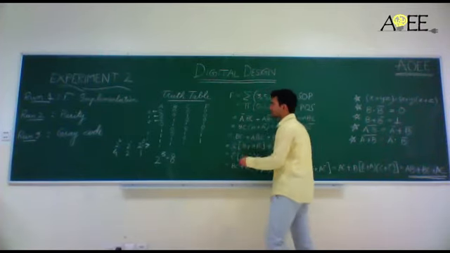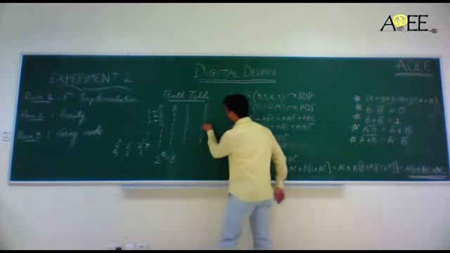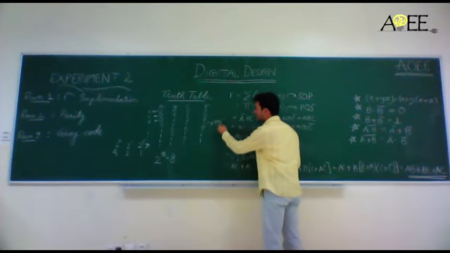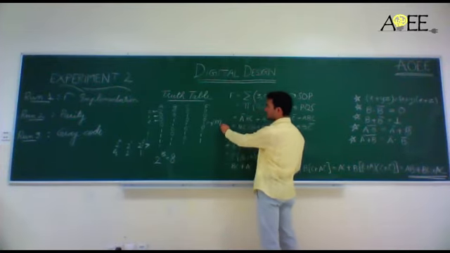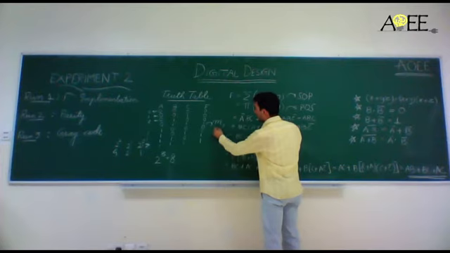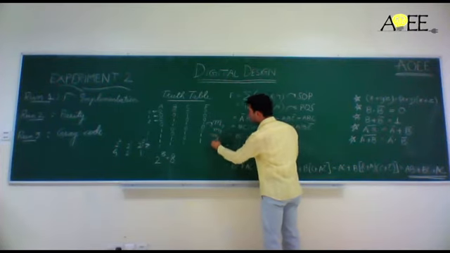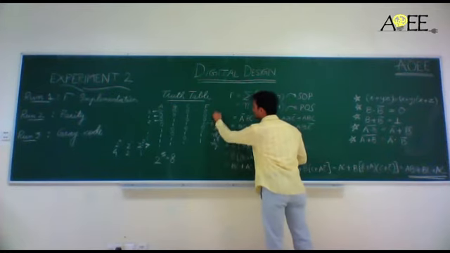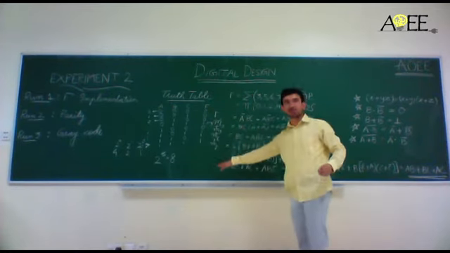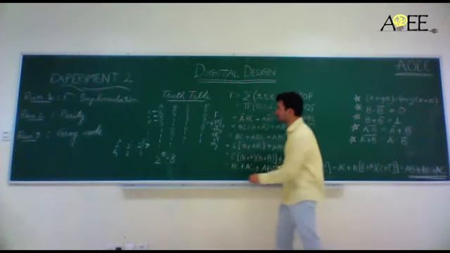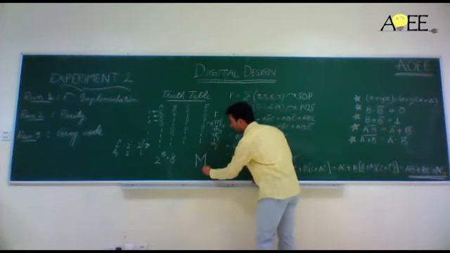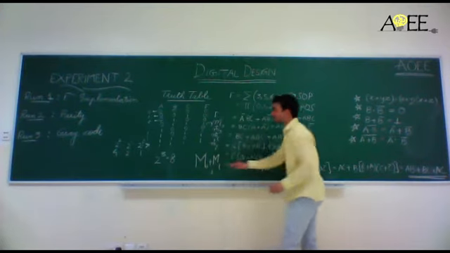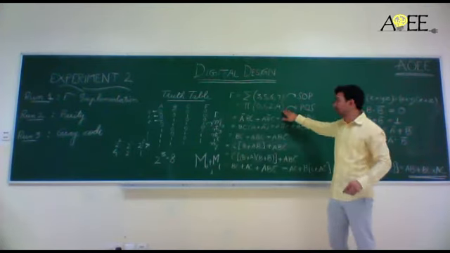Now another notation for this: for SOP form we write small m, and in the subscript you will have m3, m5, m6 and m7. So a function can also be written like this in SOP form, whereas for POS form you will have capital denotation. So capital M0 plus capital M1 and so on. So that will be denoting POS form.